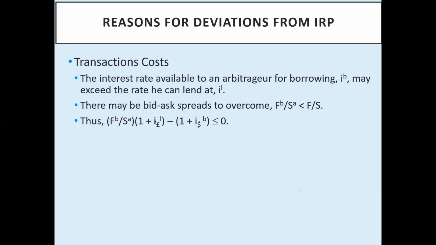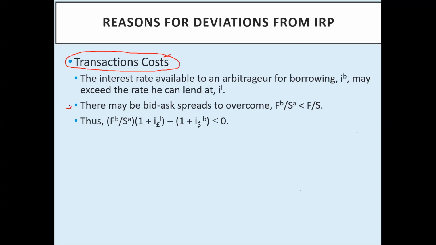We could explain the discrepancy between the IRP forward rate and the actual forward rate by different transaction costs. For example, in our calculation before, we assumed that everyone in the US could borrow and lend at the same rate, which is the interest rate in the US. Similarly, for the UK, we assume that everyone can lend and borrow at the same rate in the UK. As a result, we can switch the direction easily without having to change our rate.